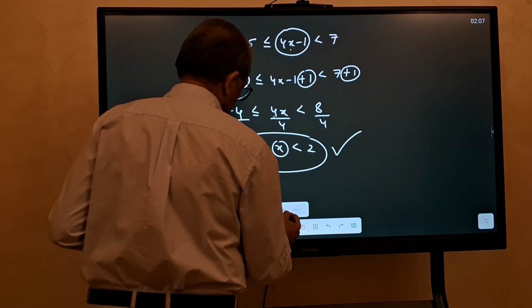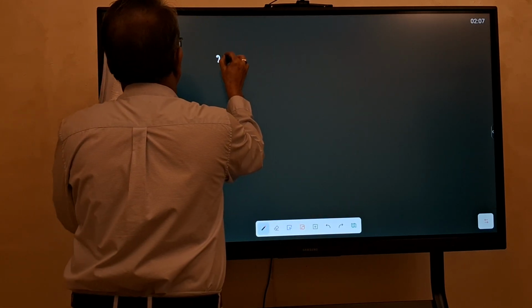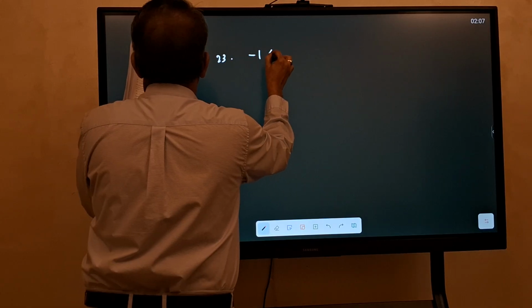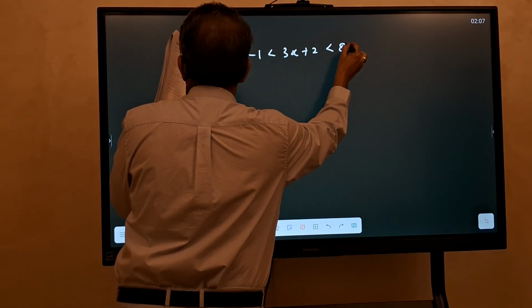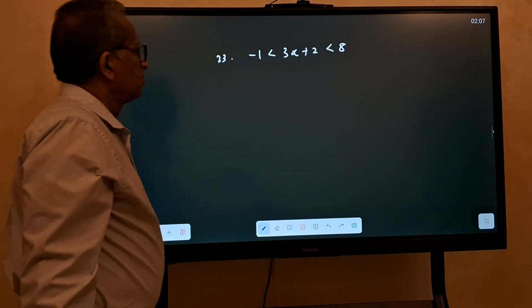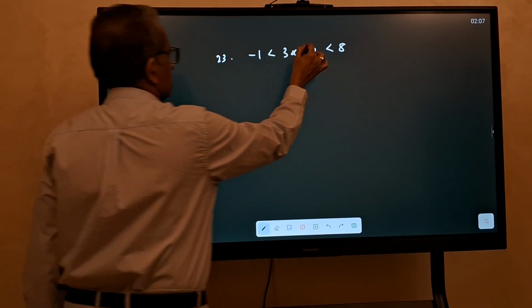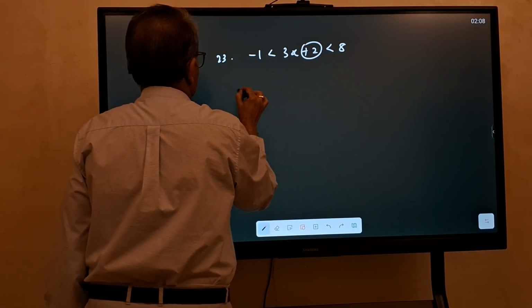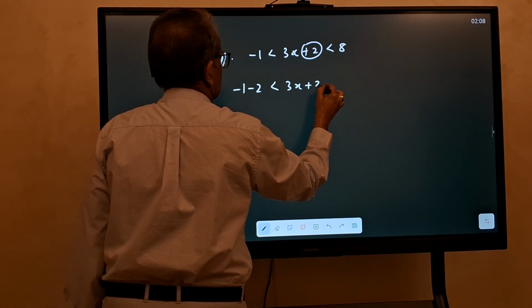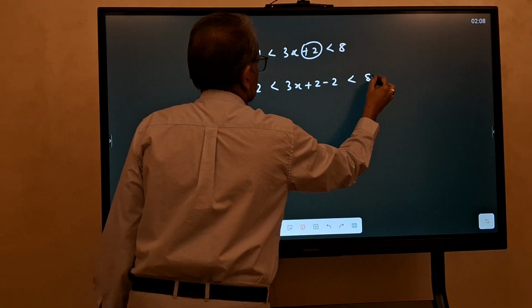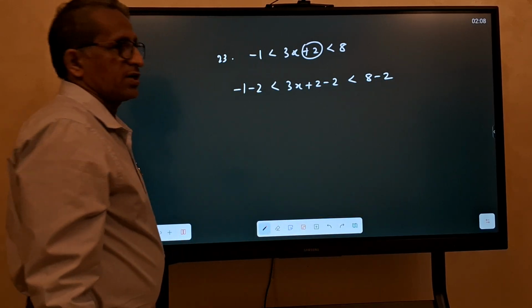Coming to 23, minus 1 less than 3x plus 2 less than 8. So how to first remove this plus 2? See, for that I have to subtract 2.